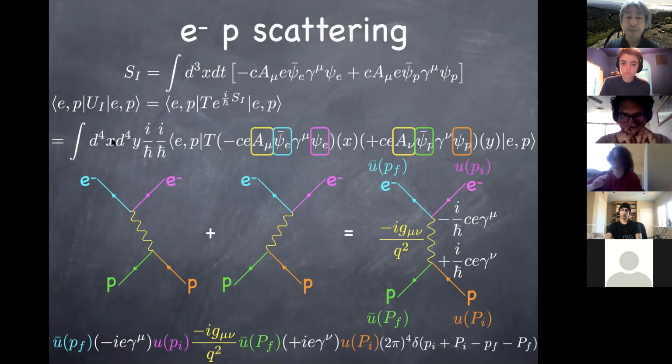And second, the spatial integral of x enforces that q is the same as capital P_i minus capital P_f. Then if you integrate over q for momentum, that would reduce to a four-dimensional delta function that enforces the full energy momentum conservation from the initial state to the final state.